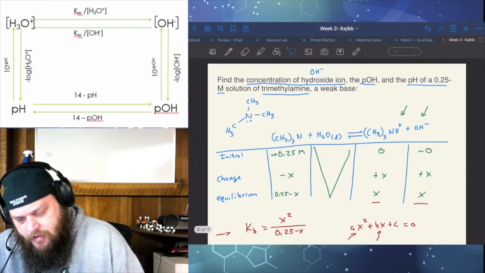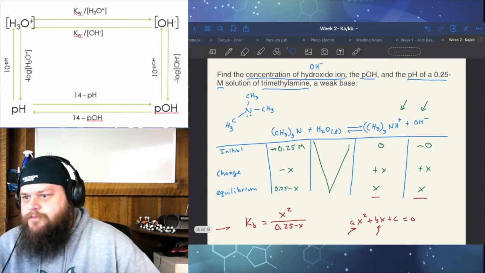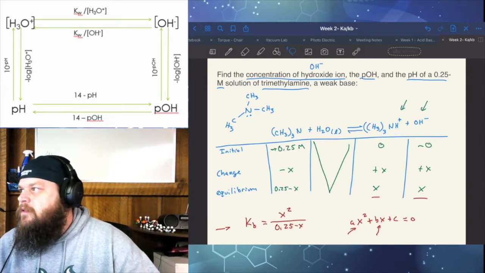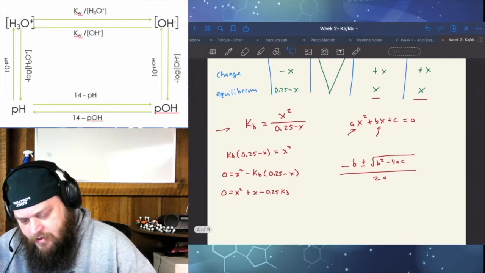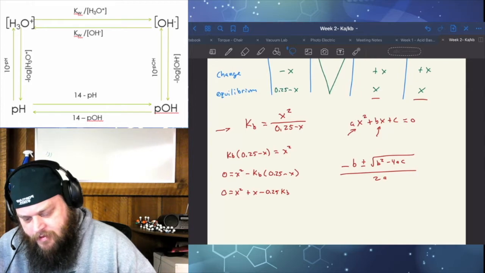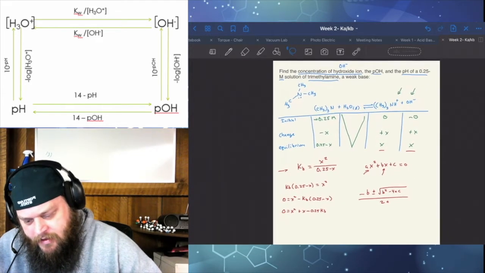Yeah, concentration of Kb is equal to that times that times that. And it didn't give us the value.